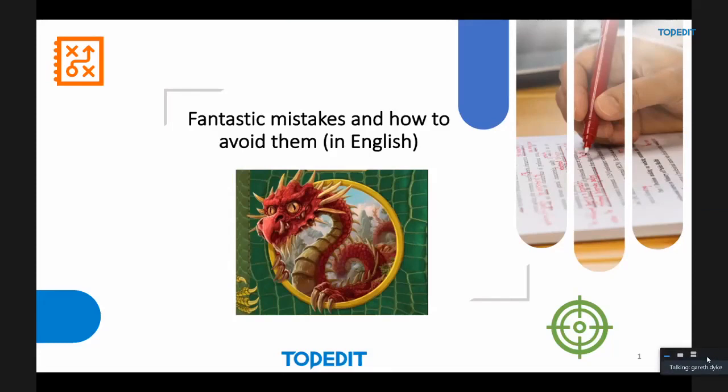We are going to be talking this evening about how to avoid English language mistakes and how to identify them. So, fantastic mistakes and how to avoid them in English.